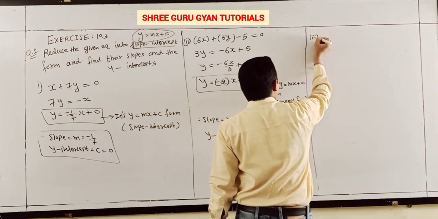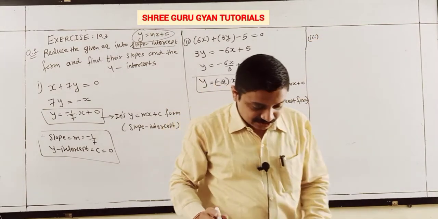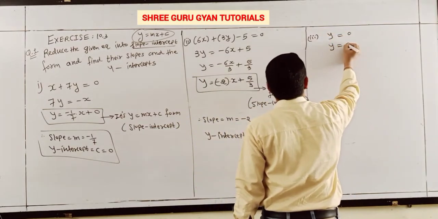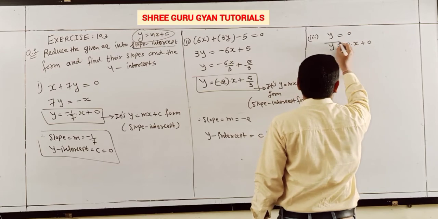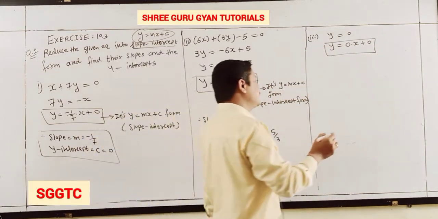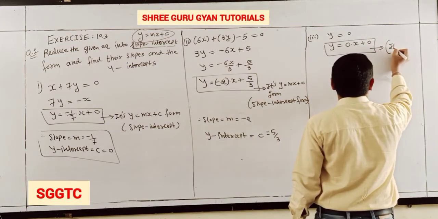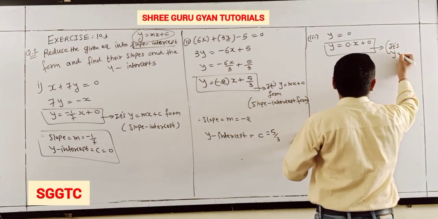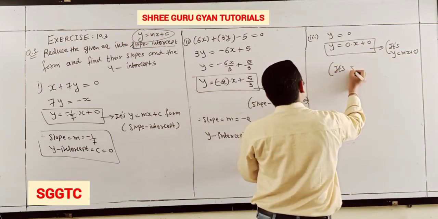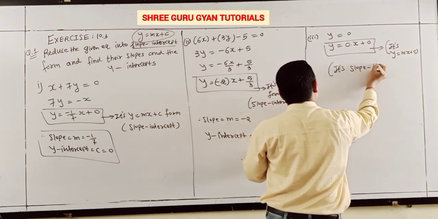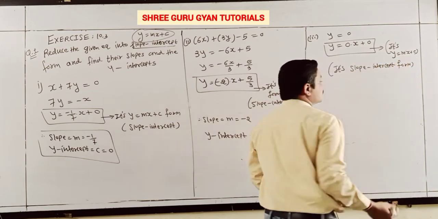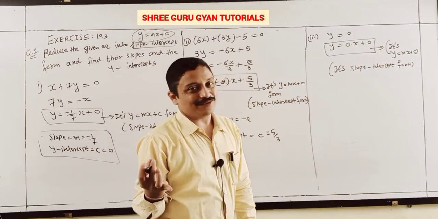Question number three. The same question is asked. The third is y is equal to 0. So we can write y is equal to 0x plus 0. Done. It is y is equal to mx plus c, the slope-intercept form, and you just read off the slope m and the value of c.